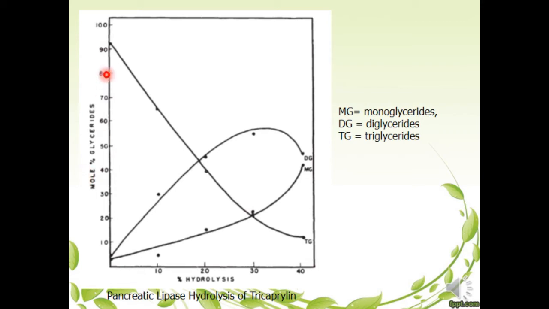You have triglyceride initially at high percentage, and due to the presence of lipase in the pancreas, it is hydrolyzed into mono and also di. Mono and di are initially at very low percentage. When the triglyceride is hydrolyzed, it will decrease, and the diglyceride and also monoglyceride will increase.